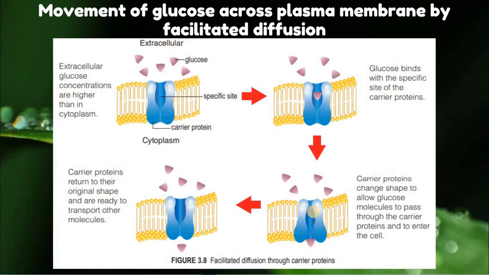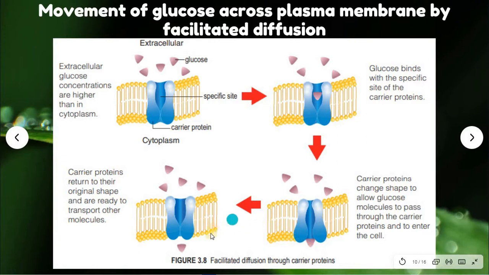The specific site of the carrier protein changes, and it will change the shape of the carrier protein, allowing the glucose to pass through and enter into the cell.